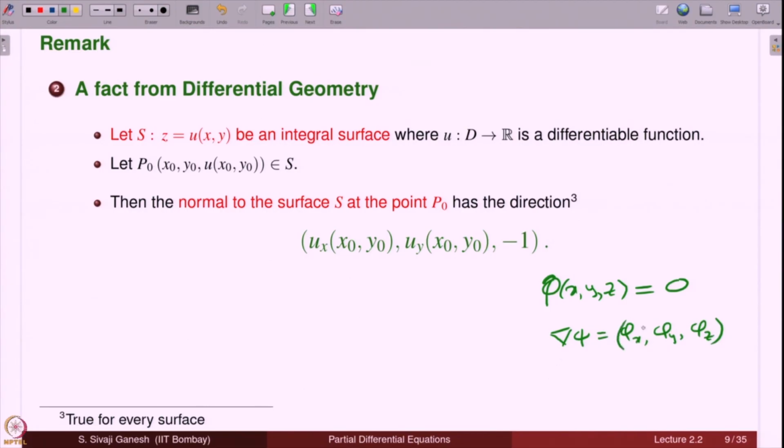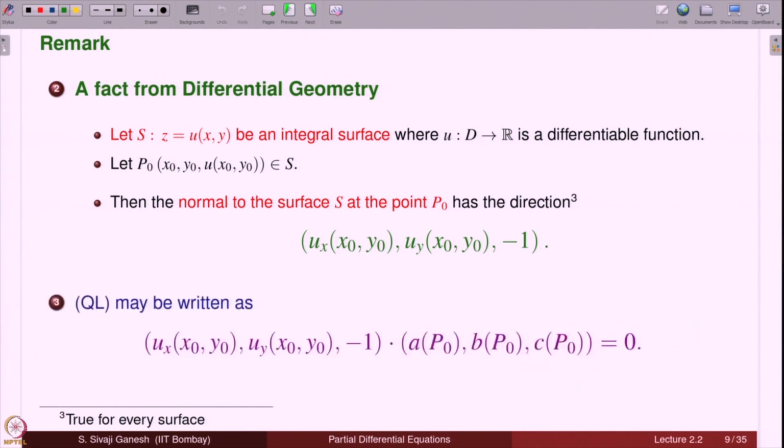Of course, this should be non-zero, so all those conditions will be there. In our case, what is phi? Phi of x y z is equal to u of x y minus z, and its gradient is nothing but u_x, u_y and minus 1. That is true at every point. So, this is a more general fact that this is normal.